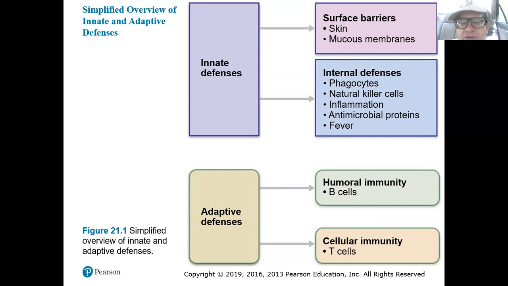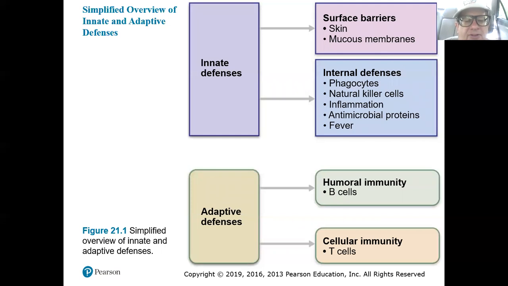There will be questions based on this, and especially adaptive defenses, the humoral immunity, the B cells. I want you to know that memory B cells are like the stem cells that remember the infection. There are also memory T cells, but the memory B cells are the ones that will produce plasma cells, which are antibody factories. So super important.